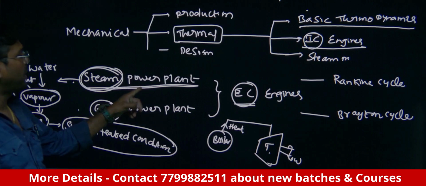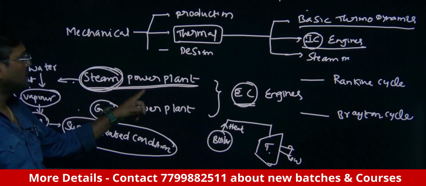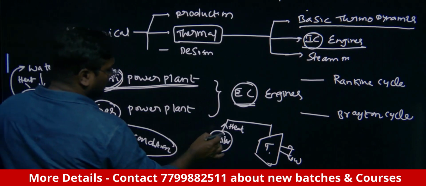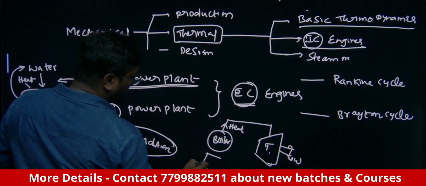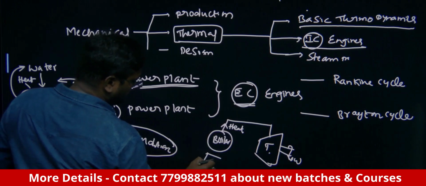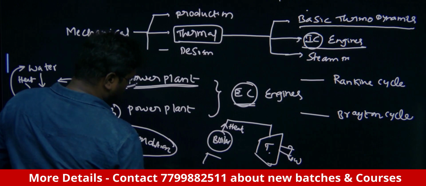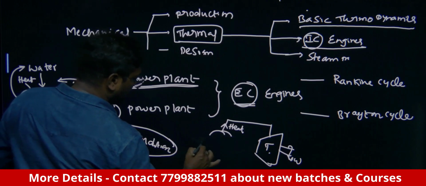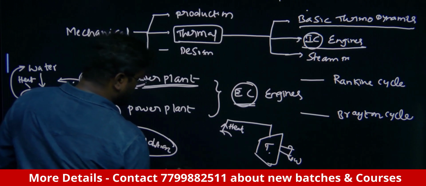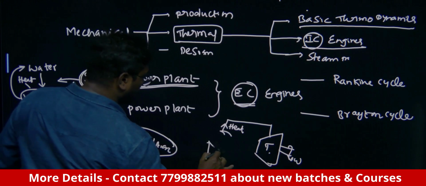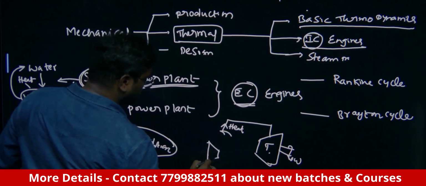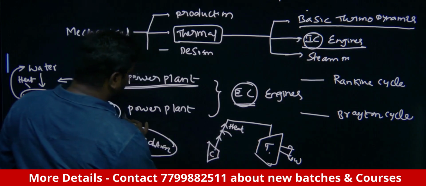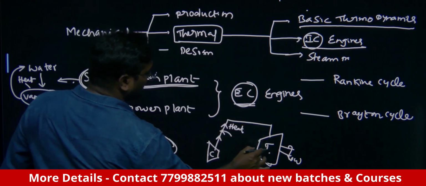Steam produces power, that's why it is called a steam power plant. In the same case, suppose you use a compressor. Gas enters the compressor, gets compressed, and is sent to the turbine.